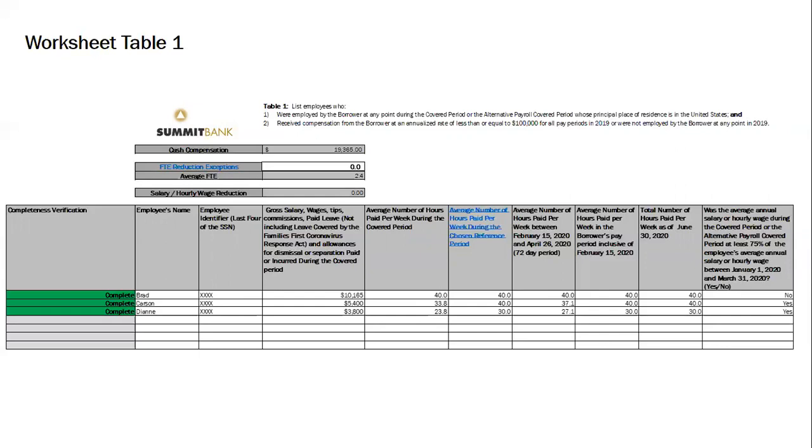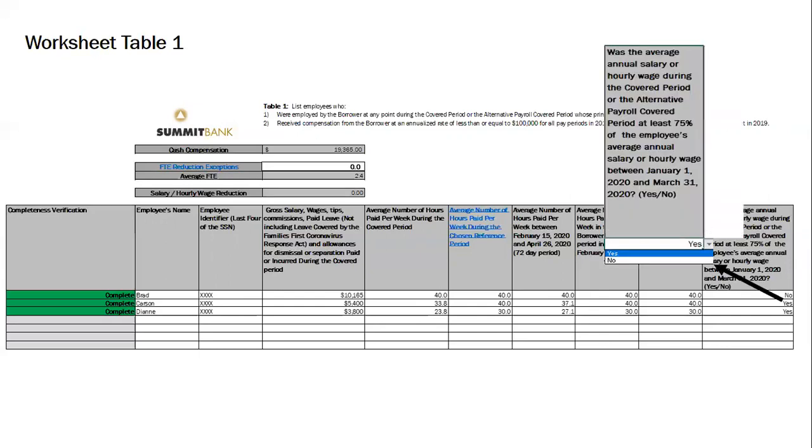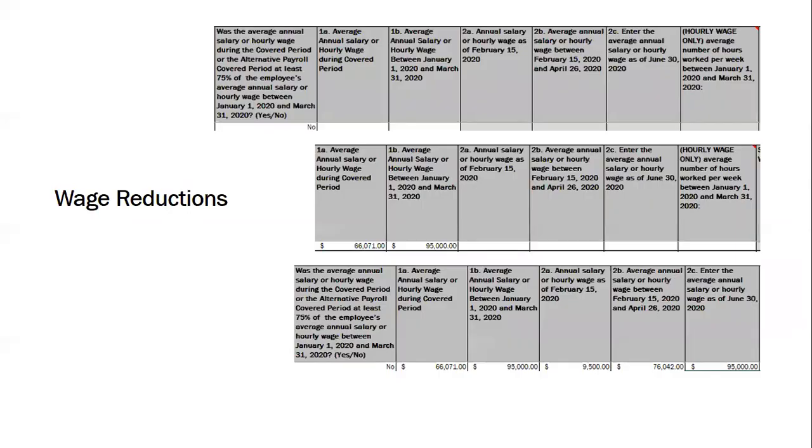If you remember, we had to reduce his salary pretty significantly during the covered period. So we've selected no for Brad, but yes for the other 2 employees. So for Carson and Diane, we're done, but there's more information that we'll need to collect on Brad. So you can see here, we've selected no, and so more cells have become available for us to fill out.